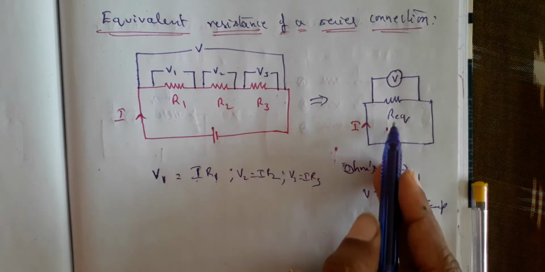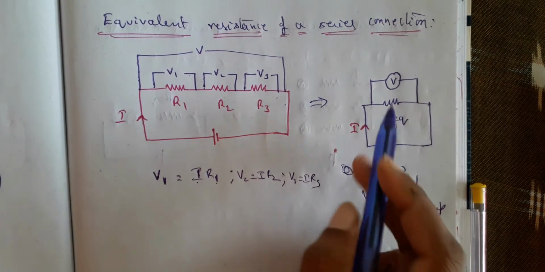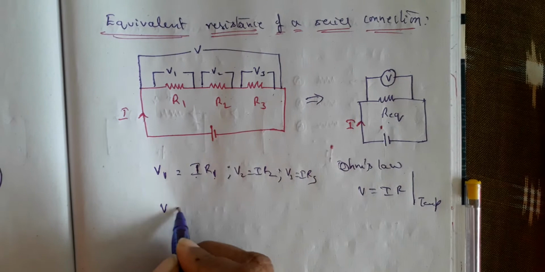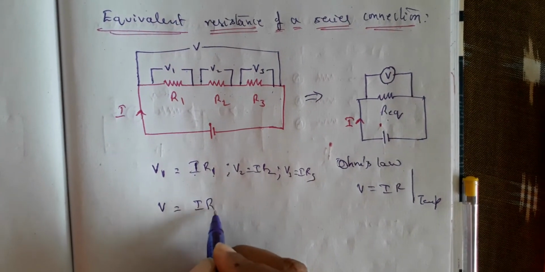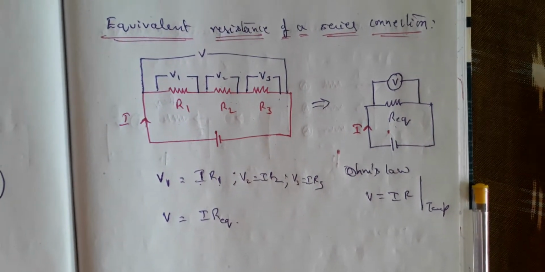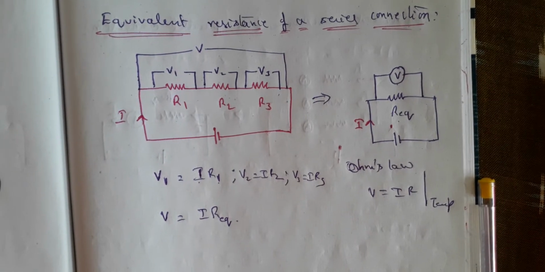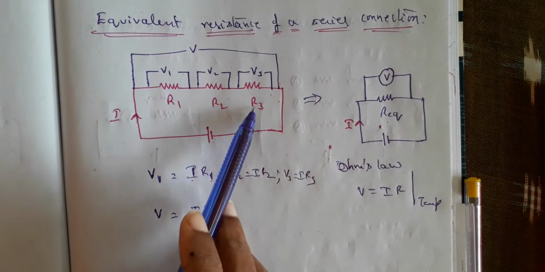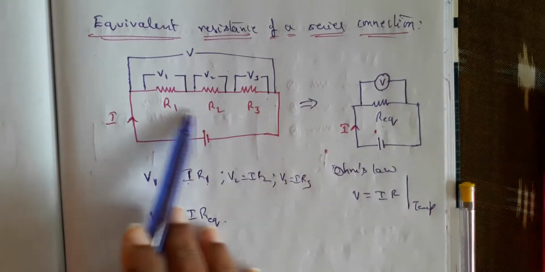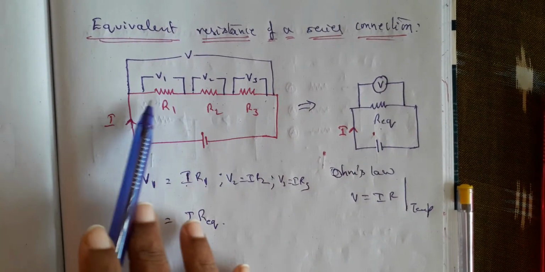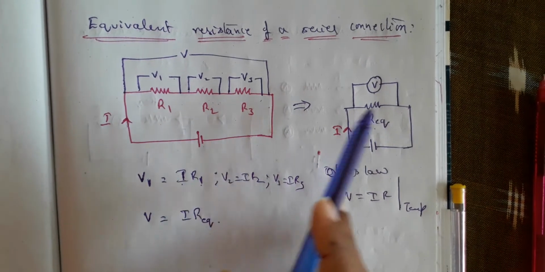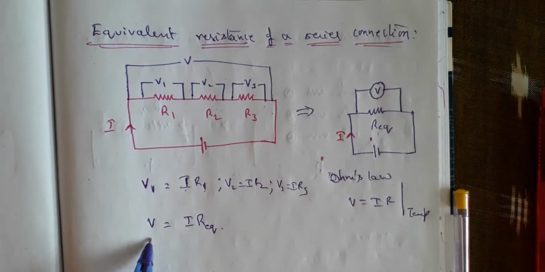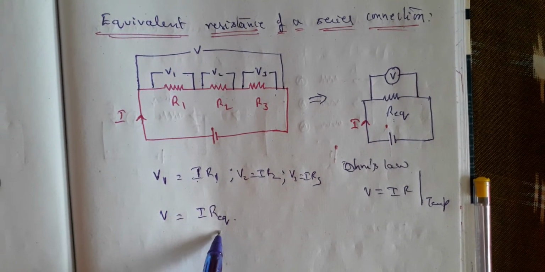And the equivalent resistance, if we take it as R equivalent and the net potential difference is V, we can also write V is equal to IR equivalent. We applied Ohm's law to every case. R1, R2, R3 are the resistors. If all 3 resistors are going to give you an equivalent resistance, we are replacing that with R equivalent, right? So therefore V is equal to IR equivalent.